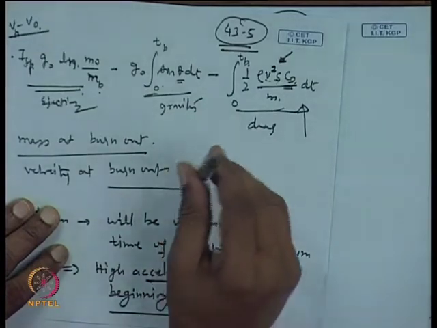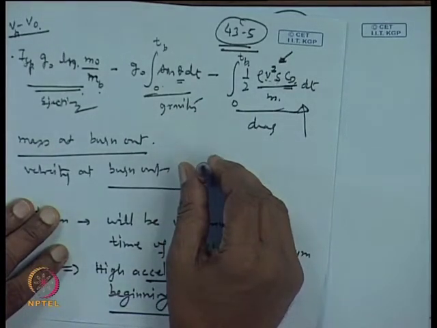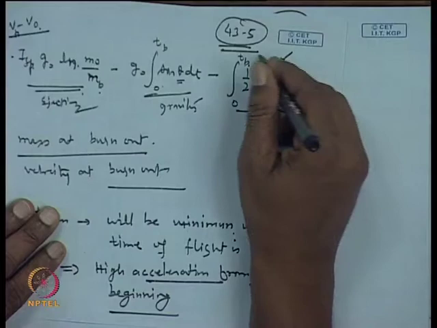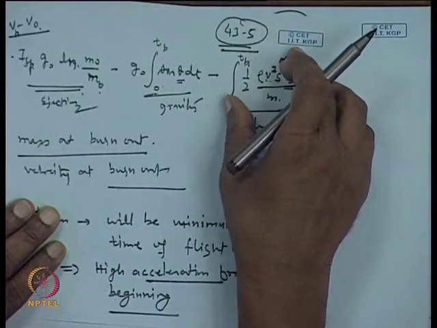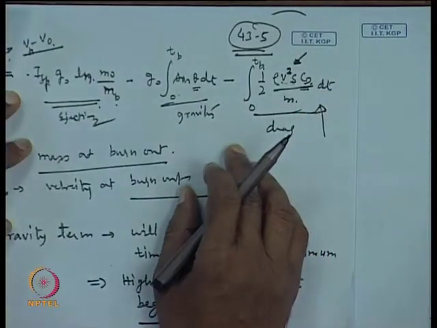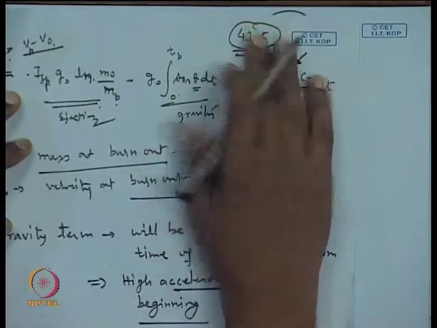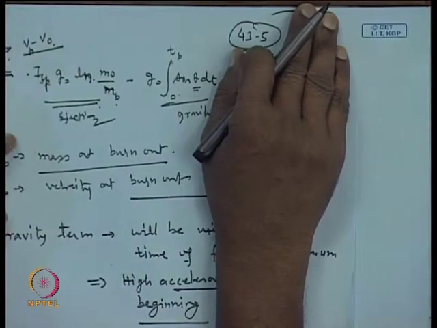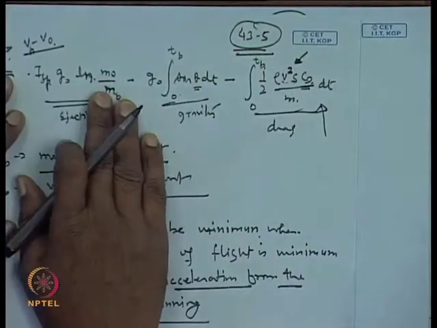Rather, we can assume that as the rocket vertically ascends, the atmosphere becomes rarer and rarer. Because the atmosphere is dense close to the earth, and thereafter the density of the atmosphere exponentially decays, this term can be taken care of ad hoc. So, we can delete this term and concentrate only on this term.